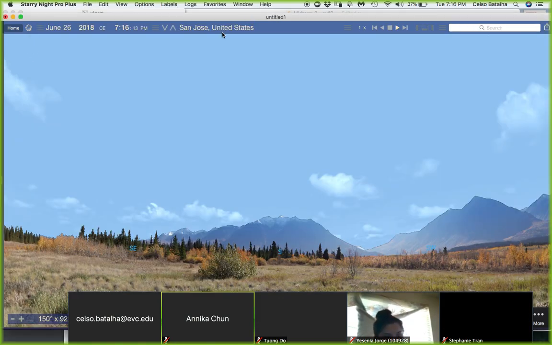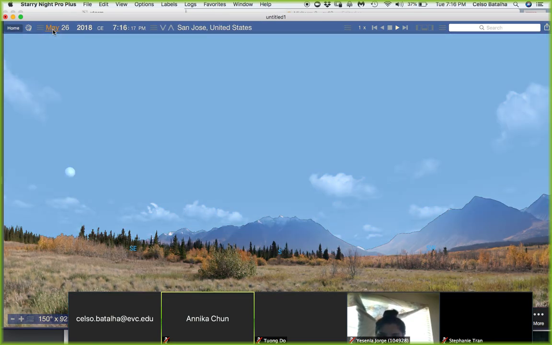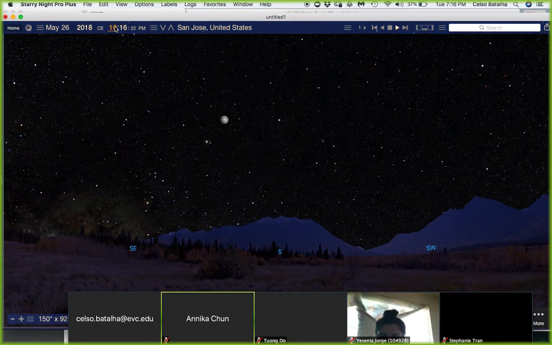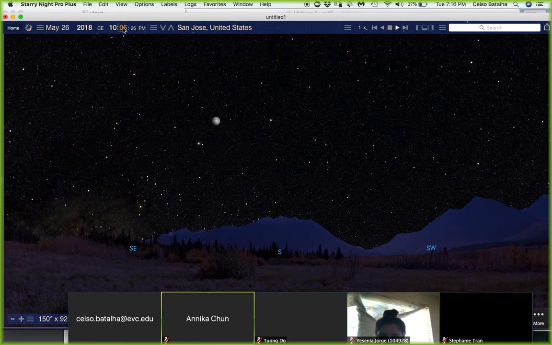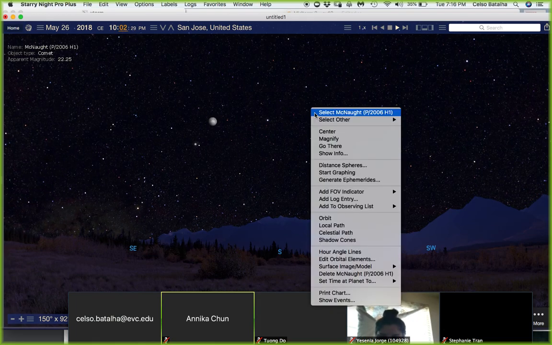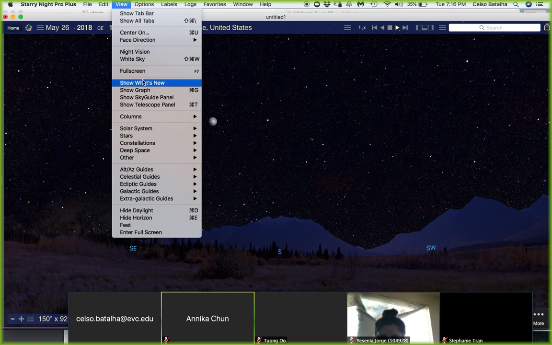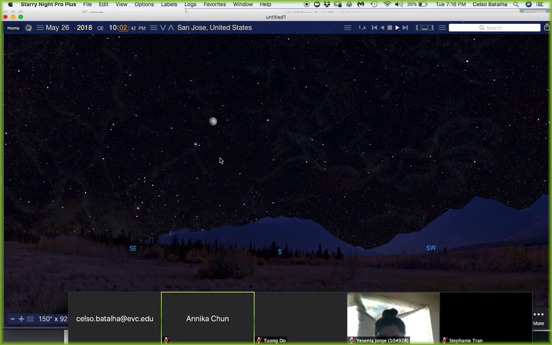So if we want to do a cheating thing, we go to the month of May, and we go at 10 p.m. And with constellations of the zodiac, we would be seeing up in the sky. How do we do that? View constellations, labels, illustrations.